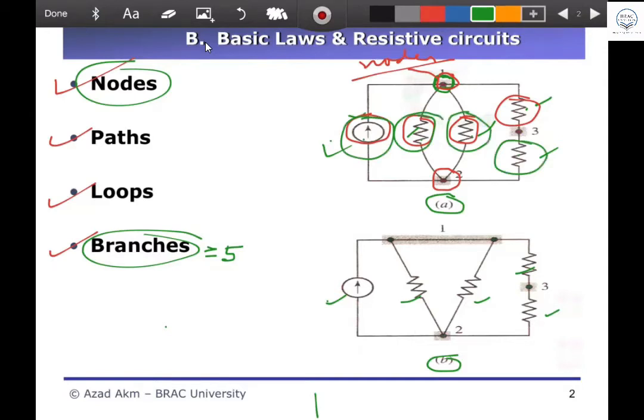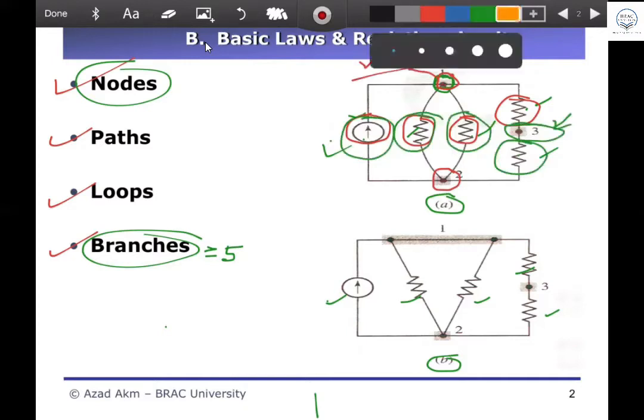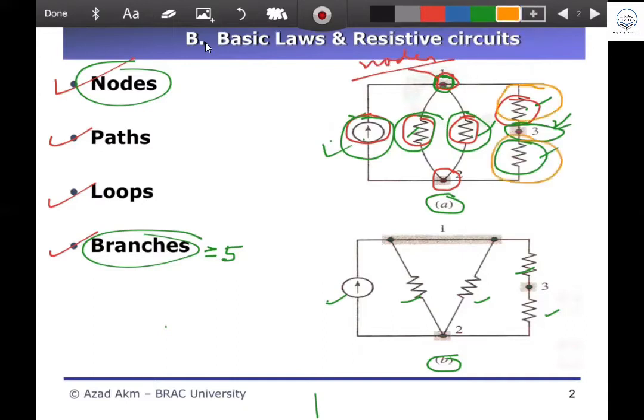Is it okay? Yes, sir. Now another node is there. What is that node? Node 3. Good. Node 3 is the joining point of how many branches? 2, sir. Absolutely correct, because it is the joining point of these 2 branches, the yellow ones.